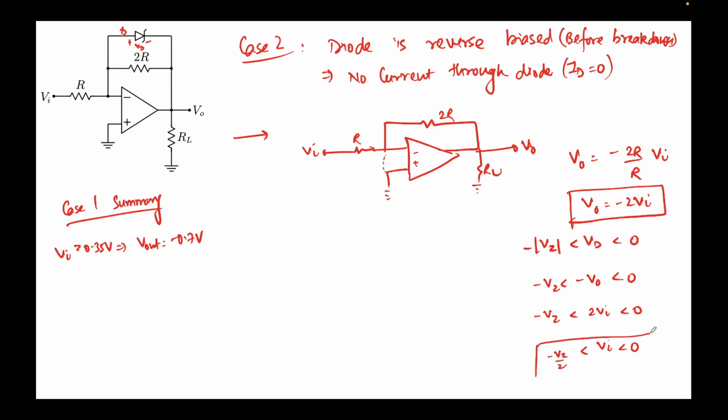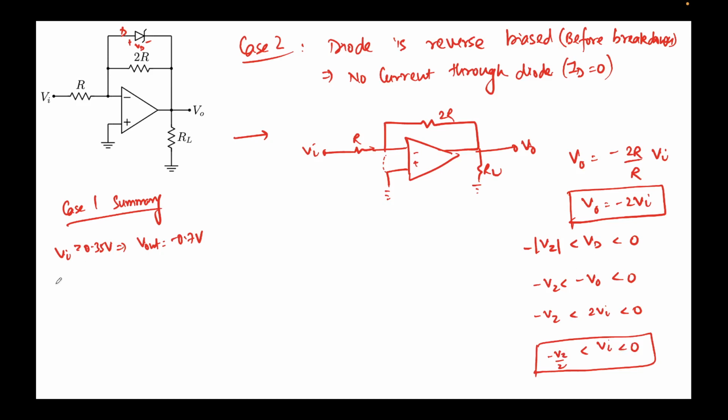So this is the condition. Okay, so VI must be less than 0, right? But it must be greater than minus VZ by 2. So VZ value can be anything like 10 or 20 or whatever. But this is the condition that we have to follow.